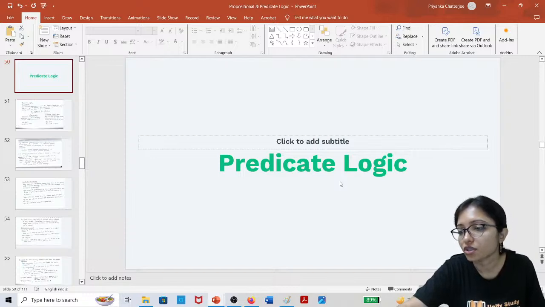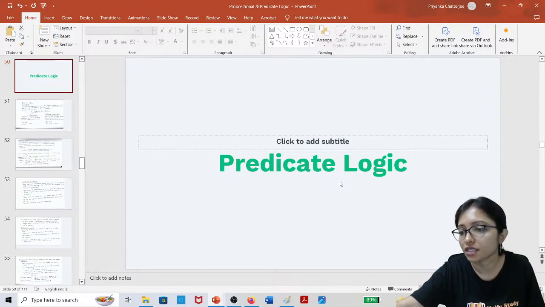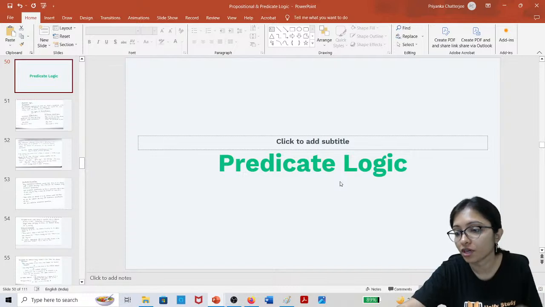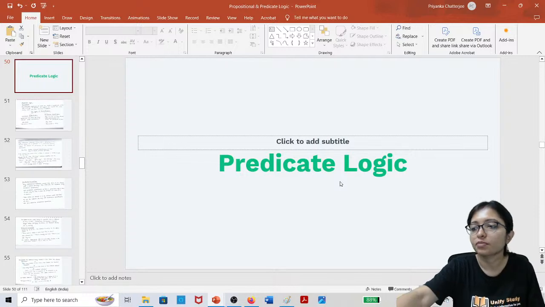Yes. So today we will do the predicate logic. This predicate logic is very important. Predicate logic is important for your discrete math and also for your propositional logic, meaning your AI. In AI also it is a common topic because it is first order predicate logic.